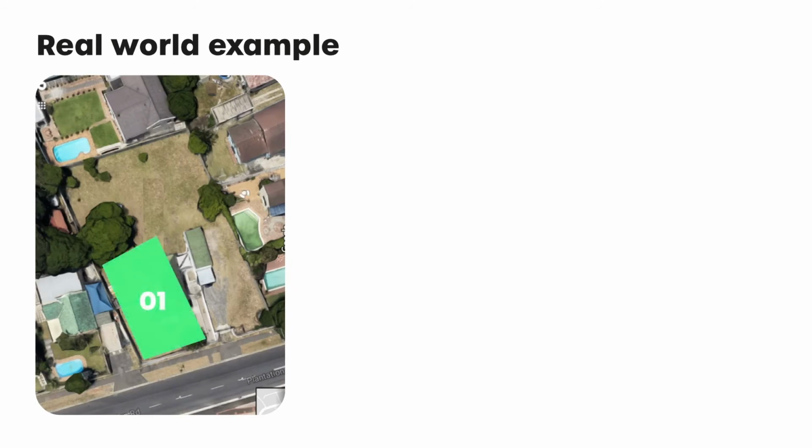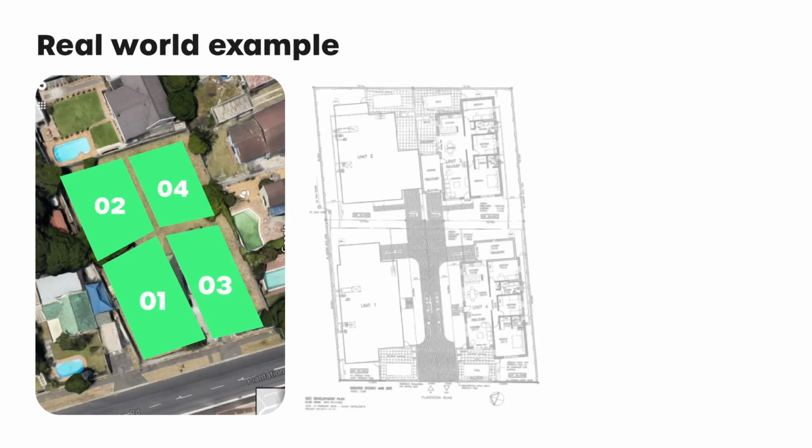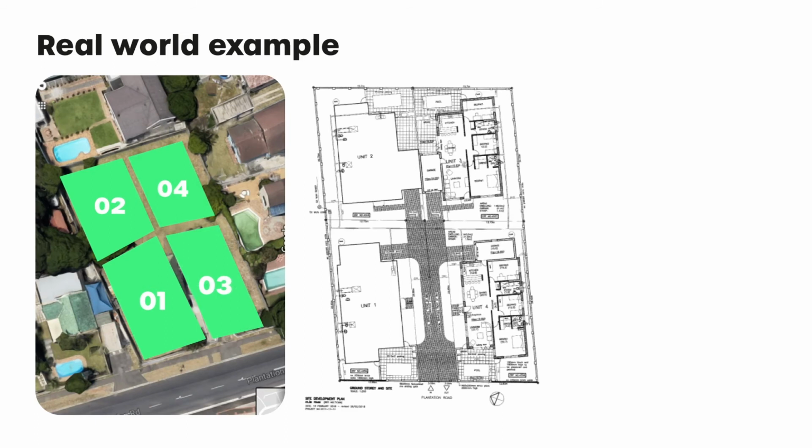You'll see there numbers 1, 2, 3, and 4. We then put a plan of action in place where we drew up plans with our architects and our town planner. We went to the municipality, got the approvals to build 4 units and put a road in between, enclose it with a fence and a gate, a security gate for access.